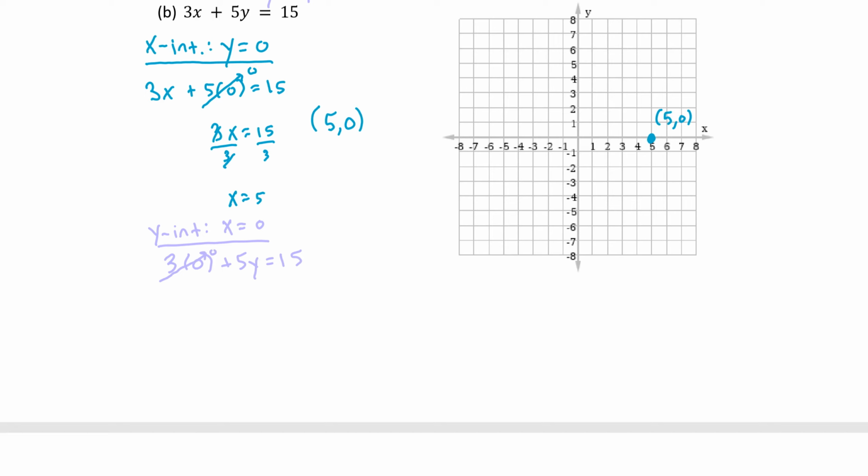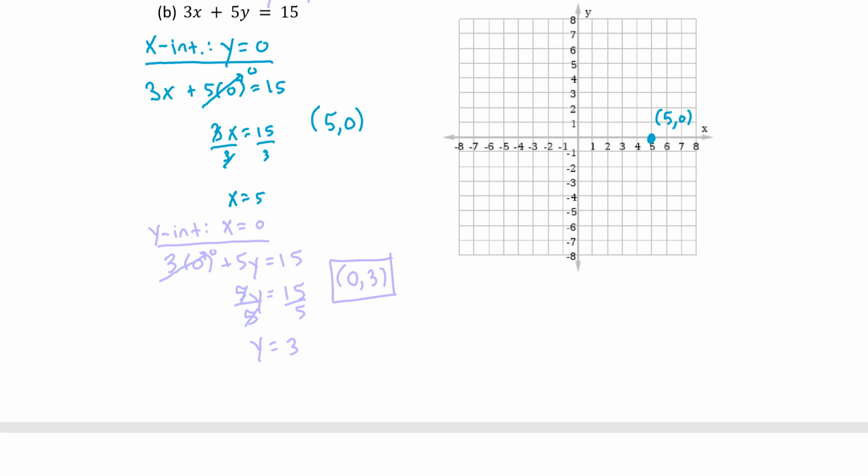So our first term goes away and we end up with the simple equation 5y equals 15. Divide both sides by 5 to solve for y, and we end up with y equals 3. Officially, as an ordered pair, this is x equals 0, y equals 3.